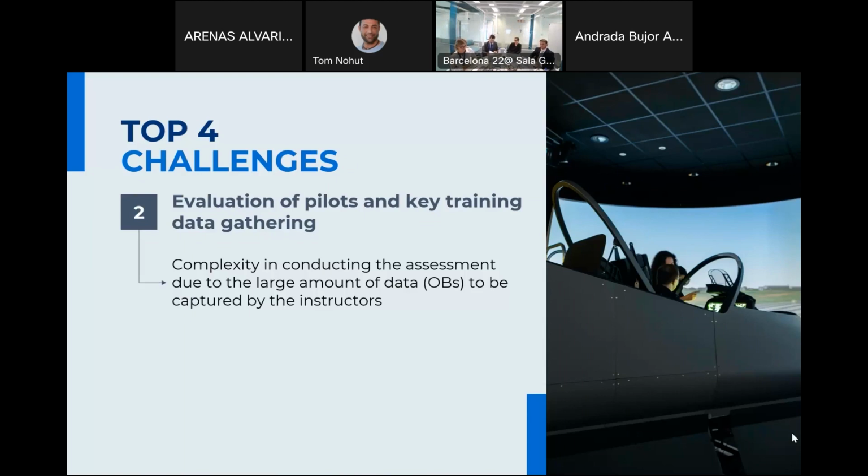enough time should be given to the debriefing, which is an essential part of the assessment, and additional guidance on what to focus on, what to observe during the session, because this is gained with experience, but some additional guidance should be needed in here. And also the digital solutions nowadays should be focused to help them ease their work.